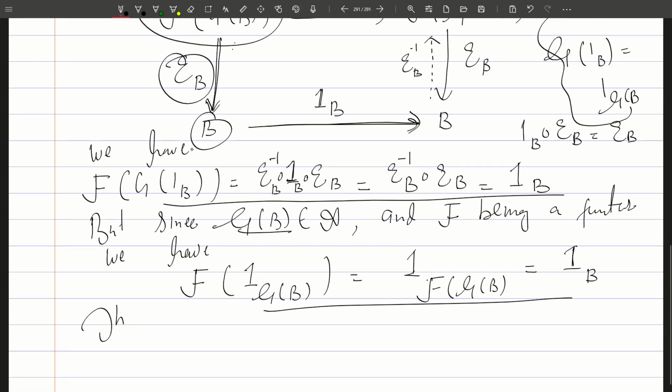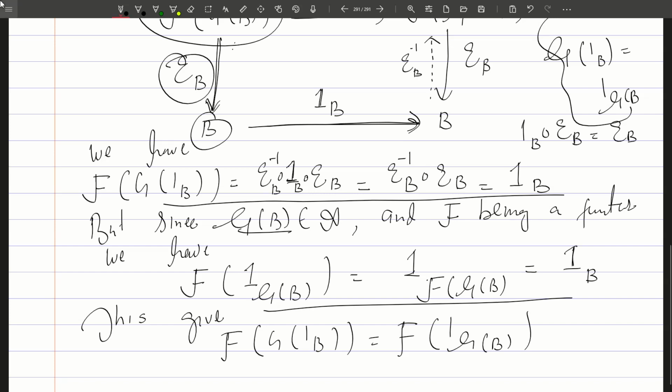So this gives F of G of 1 sub B is the same as 1 sub F of G of B. But one should keep in mind that F is faithful, I mean, F is injective on hom sets. So that means if F of something is F of something, then that something is equal to the other something.